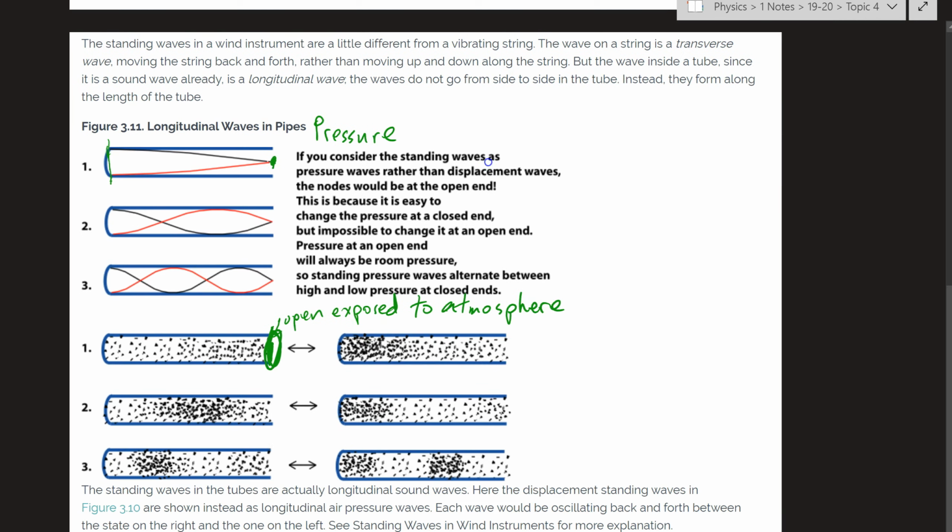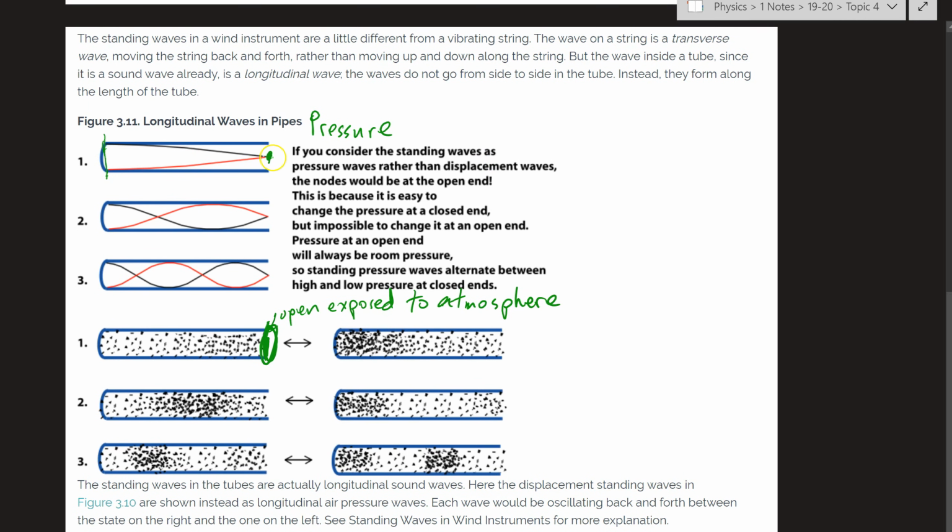Well, if you want to describe it in terms of pressure, you flip it. The pressure node is at the open end and the pressure antinode is at the closed end. So it's not too crazy to go back and forth between displacement and pressure, but when you're drawing these patterns for air columns, you have to know if you're drawing them for displacement or pressure because it literally flips where the nodes and the antinodes are.